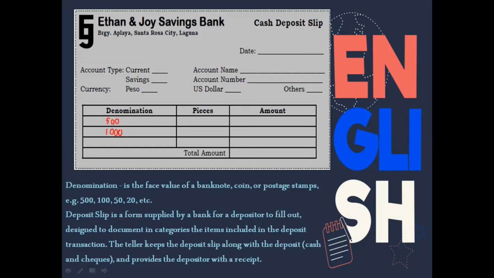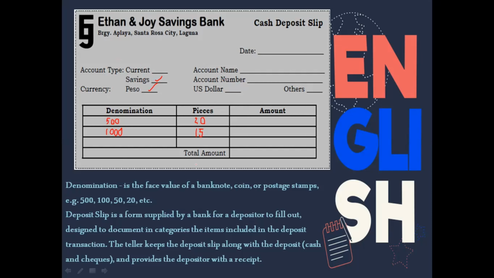So I have 20 pieces of 500 pesos. And then I have, let's say, 15 pieces of 1,000. Let's say I have savings and then peso.